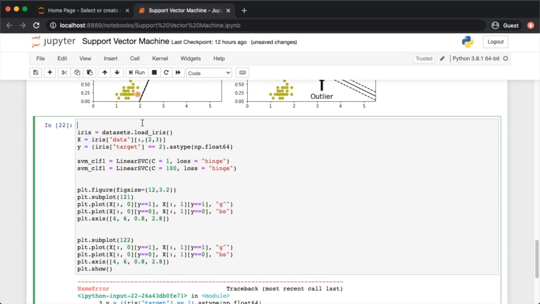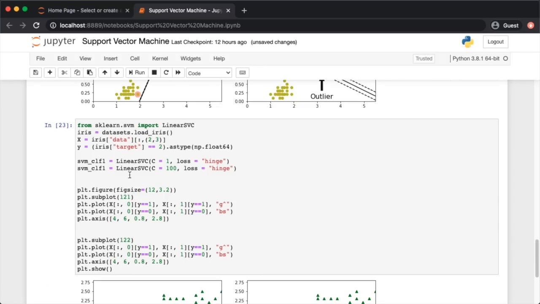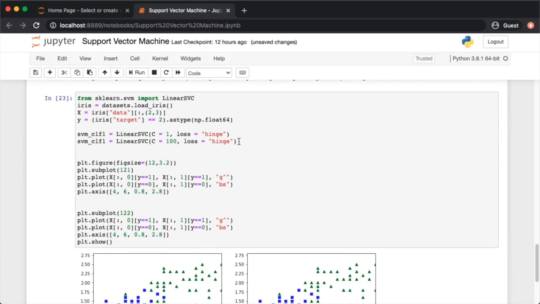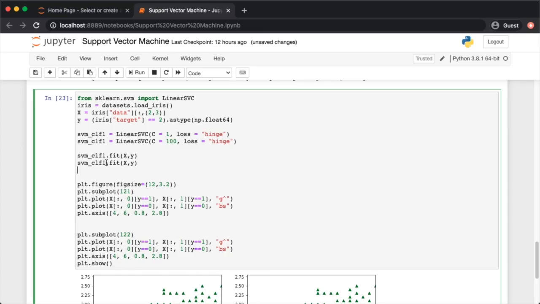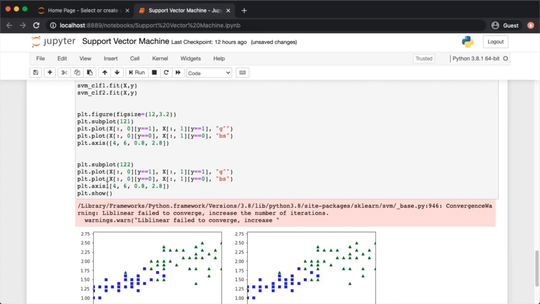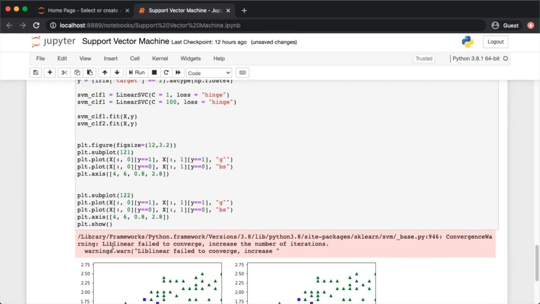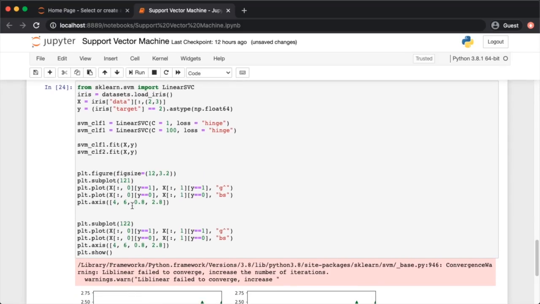So to get your linear SVC, you go to sklearn.svm and import LinearSVC. Okay, and now let's fit. So svm_clf1.fit y versus x, and same thing for 2. Okay, we have a warning, no problem.